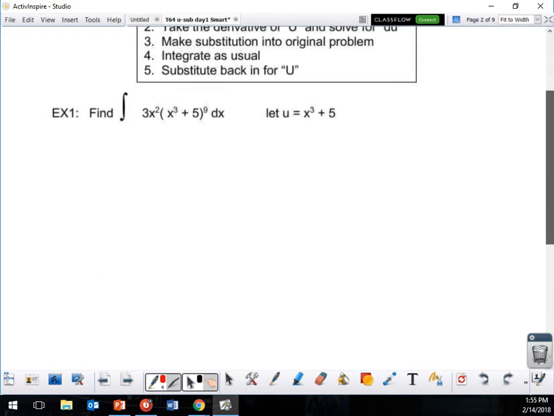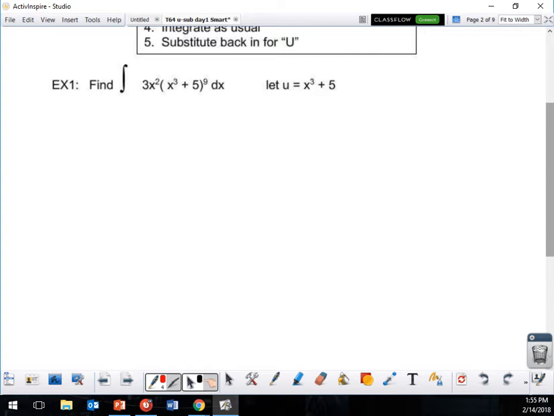So let's take a look here. U is equal to my complicated part, so it's going to be x cubed plus 5. Now I'm going to take the derivative of that.